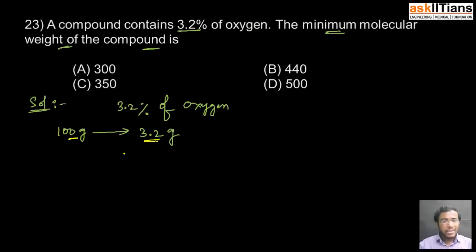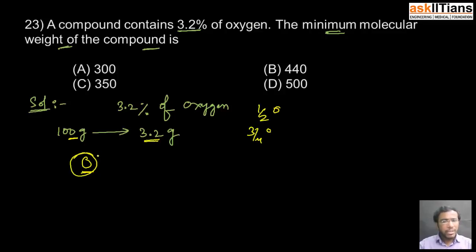We want to calculate the minimum molecular weight of the compound, right? How can we calculate that? At minimum, the molecular formula of the compound should contain at least one oxygen, because there is nothing like half an atom of oxygen or 3/4 atom of oxygen.